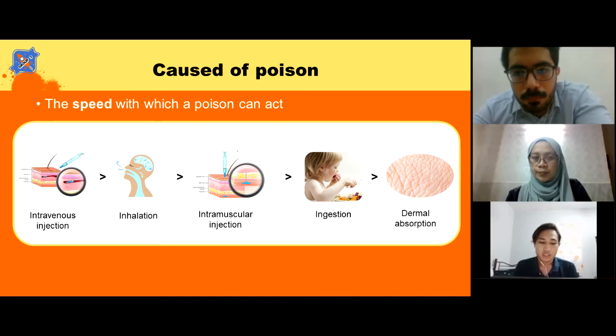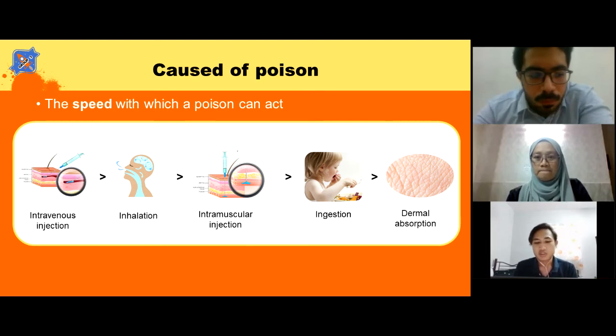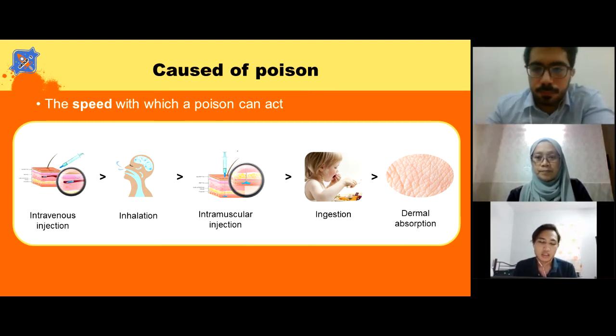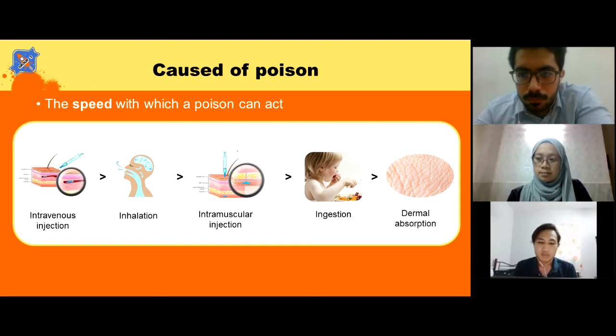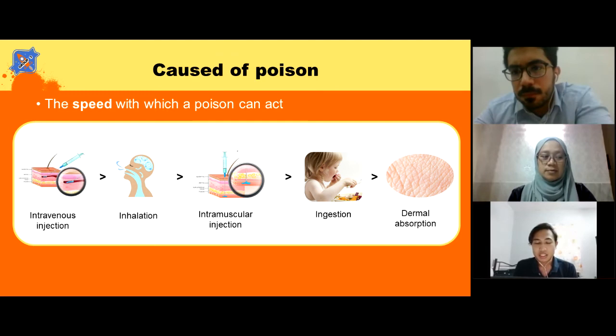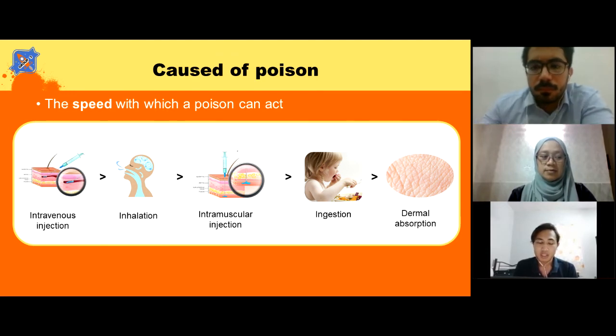Next is through intramuscular injection, when the poison is injected into our muscles. And next is through ingestion. Ingestion happens when we eat the poisons such as food, and also food that is contaminated with the chemical. Next but not least is through dermal absorption, when our skin is exposed to the chemical.